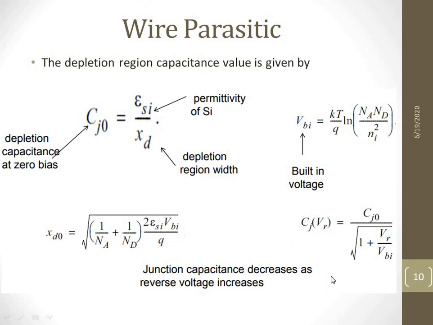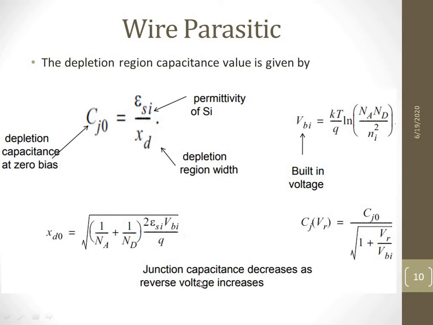The depletion region capacitance value is given by Cj0 equals epsilon Si by Xd, where epsilon Si is the permittivity of silicon and Xd is the depletion region width. The built-in voltage VBI is given as kT by q natural logarithm of NaNd by ni square, where Xd0 is the square root of 1 upon Na plus 1 upon Nd into 2 epsilon VBI by q.